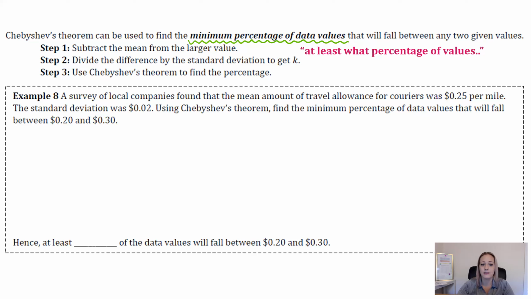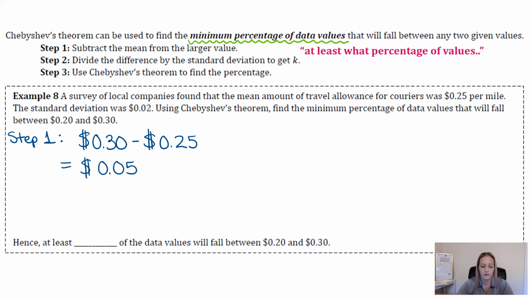Step 1 says that we should subtract the mean from the larger value. The mean was 25 cents, and the larger value in that range was 30 cents. So we'll do 30 cents minus 25 cents, which comes out to be 5 cents. That's step 1.